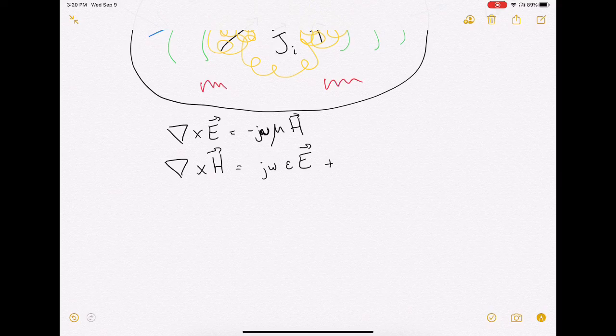Now, Ampere's law is usually j omega epsilon E plus J, and we have two types of J here. We have the impressed currents, Ji, and we also have conduction currents, Jc. Remember that conduction current, Jc, is sigma times the electric field, where sigma is the material conductivity.